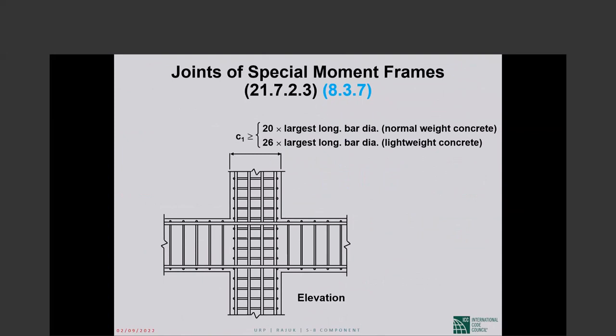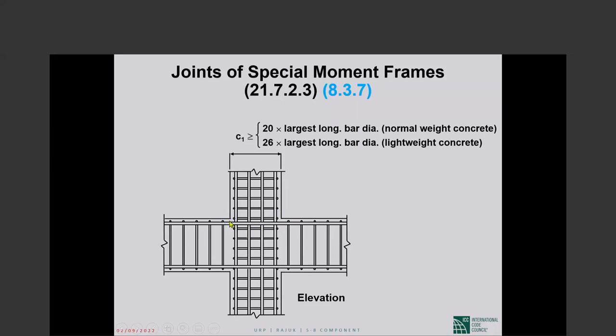Okay, when beam bars are simply passing through an interior column, I don't know if you have ever thought about these things. This beam bar is in tension at this face of the column.